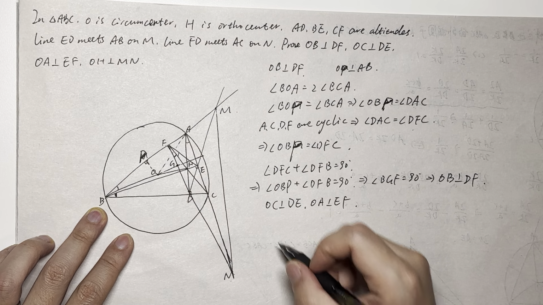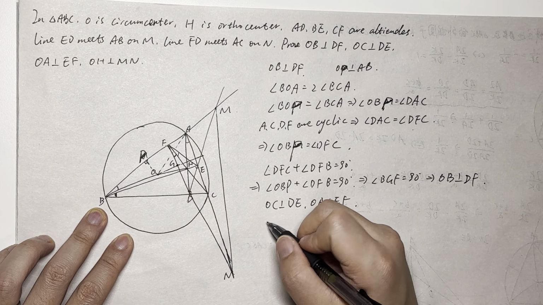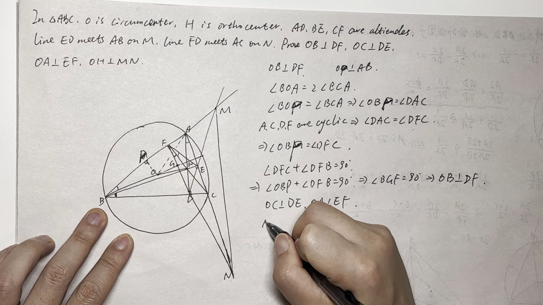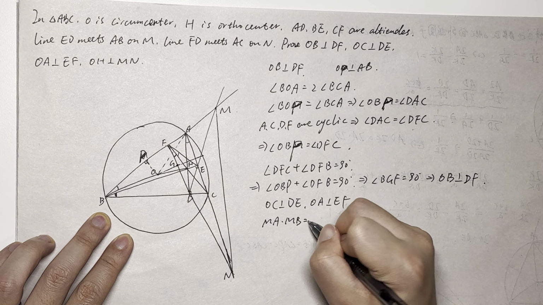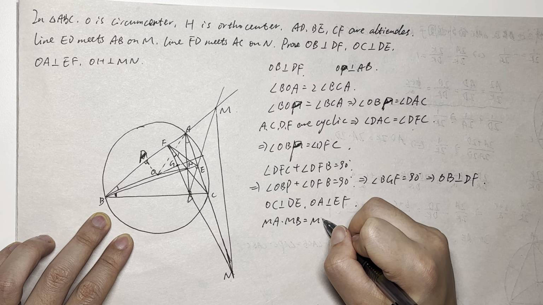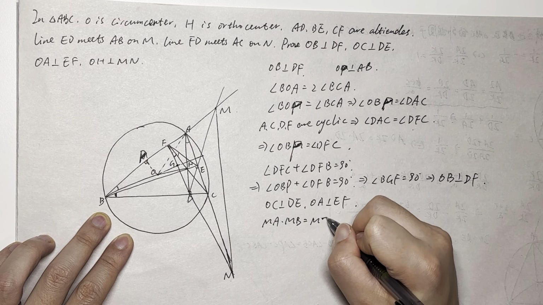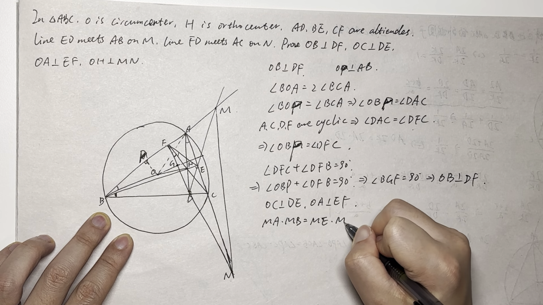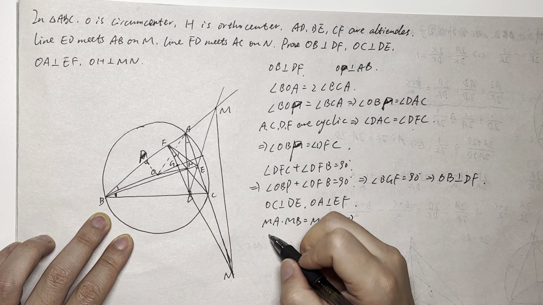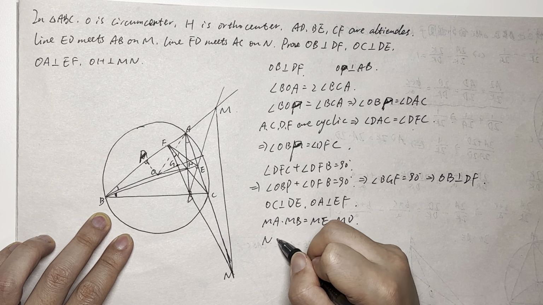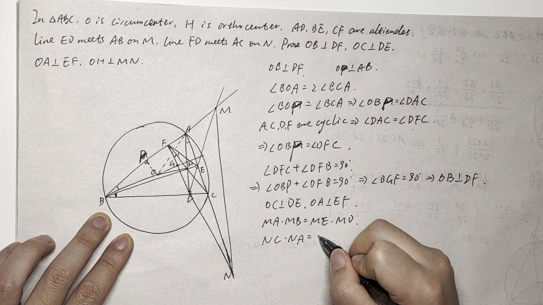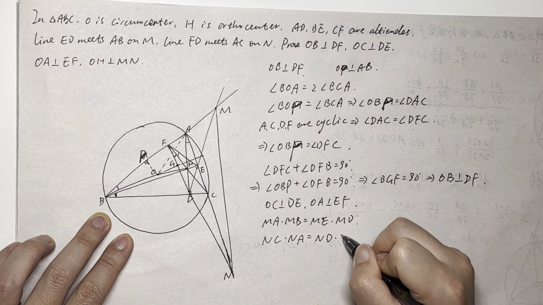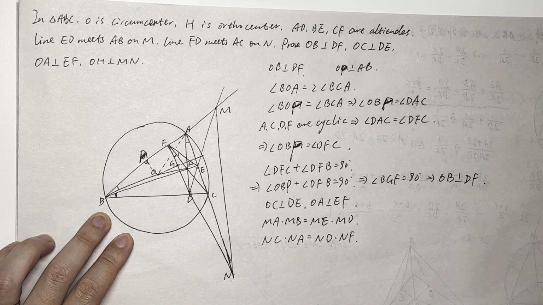So this gives us a hint that we can directly write down that MA times MB equals ME times MD. And also we know that NC times NA equals ND times NF.